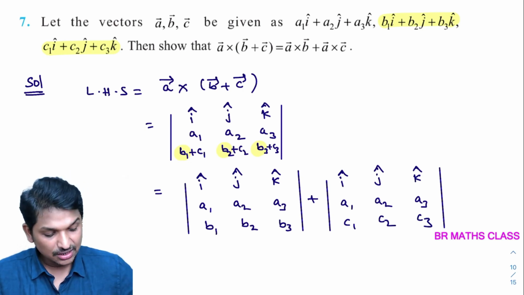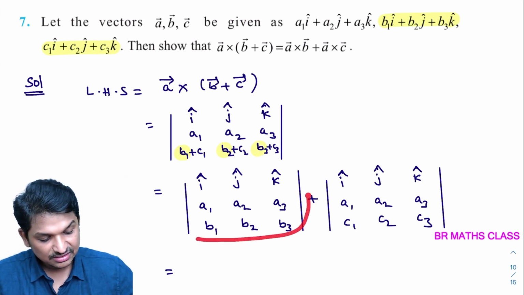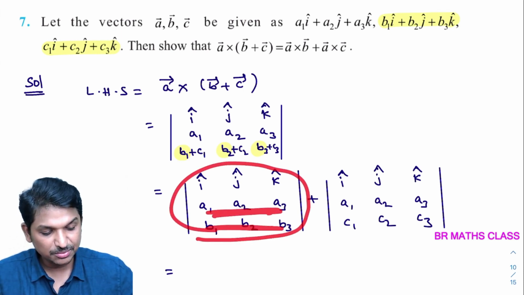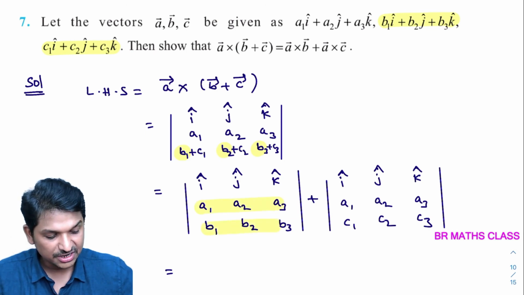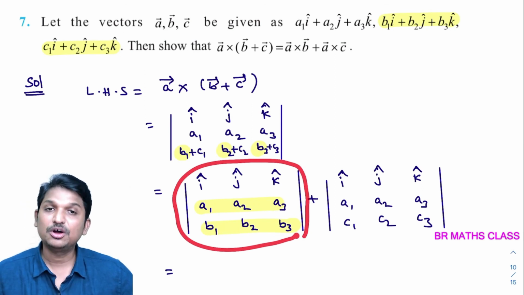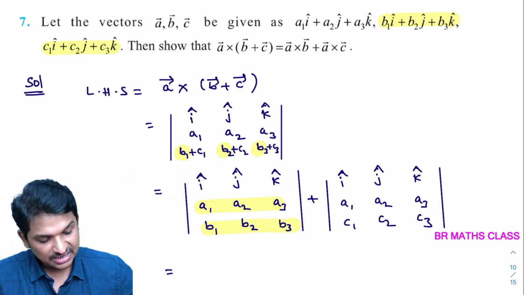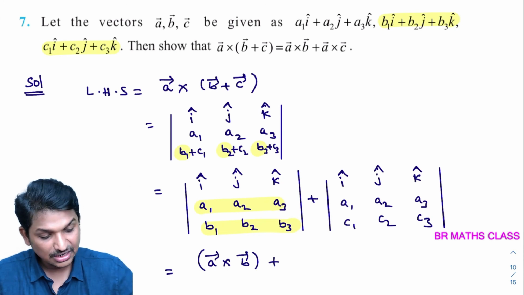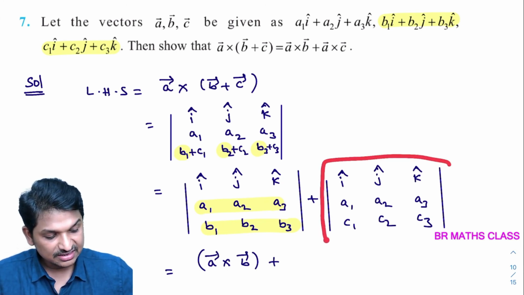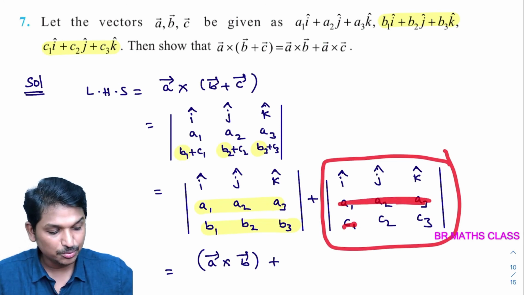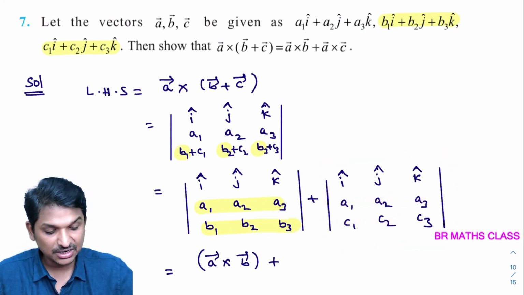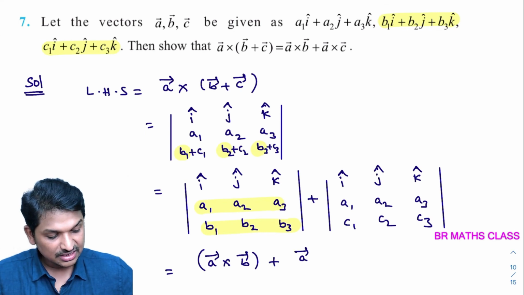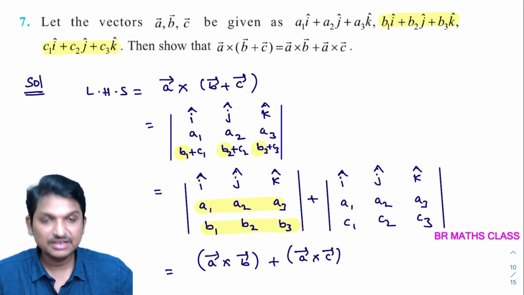If you observe this one, these are A bar components and these are B bar components. The determinant of i cap, j cap, k cap, A bar components, B bar components can be written as A bar cross B bar, plus, now observe here, A bar components and C bar components, which is nothing but A bar cross C bar, right?